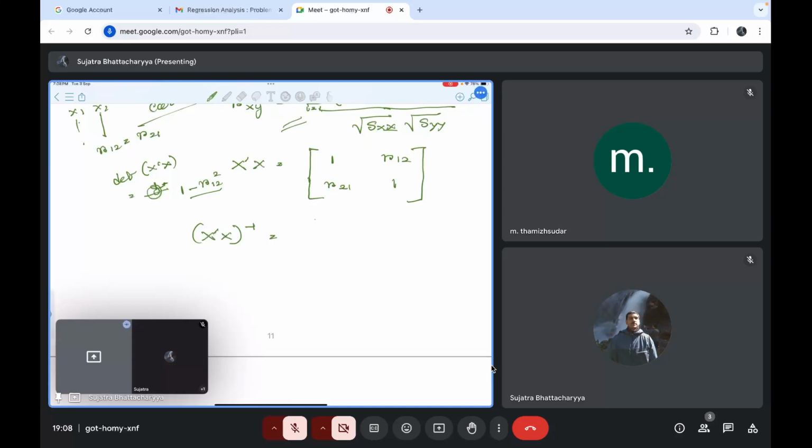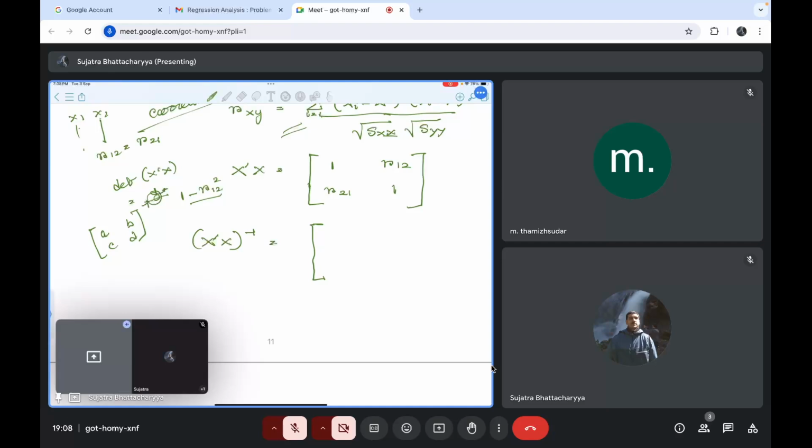So this will therefore be written as, and how to write the inverse of a 2D matrix. So it is A, B, C, D suppose. If you have to take its inverse, it will be 1 upon AD minus BC times D, minus B, minus C, A. So it is 1 upon 1 minus R12 square.